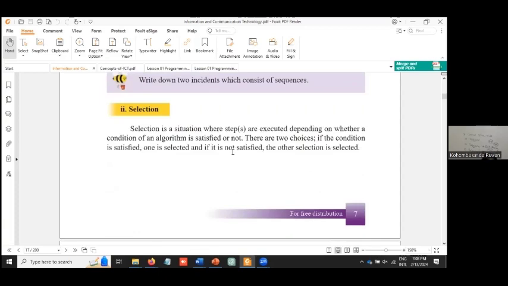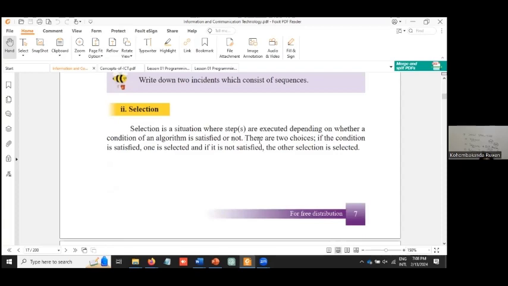Then we have discussed selection. Selection is a situation where steps are executed depending on whether the conditions of the algorithm are satisfied or not, just like either true or false.